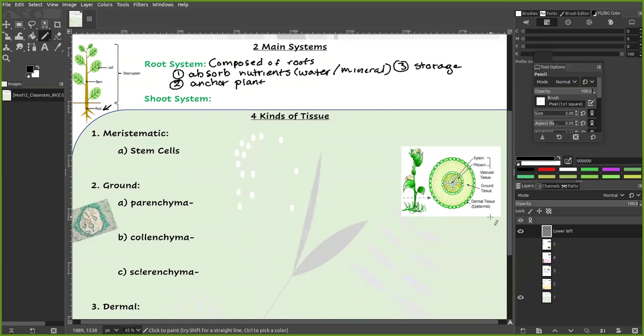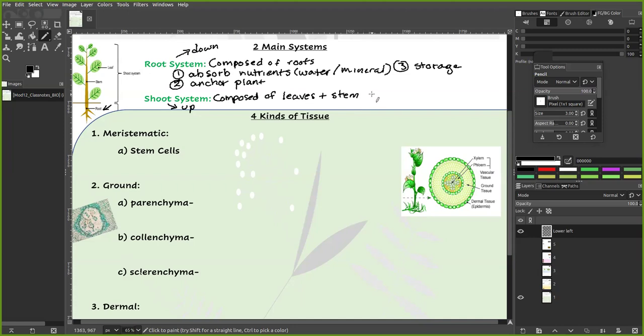The second one is the shoot system. This is composed of leaves and stem. So whereas the root system is growing down, the shoot system is what grows up.